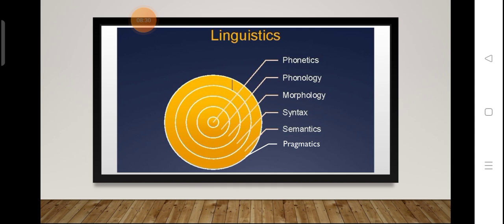Okay, so syntax again addresses questions like how can the number of sentences that speakers can create be infinite, even though the number of words in any language is finite. We have only a limited number of words in all languages. But imagine the number of sentences that we can produce using these limited number of words.